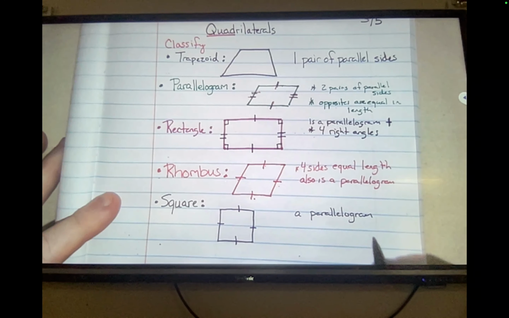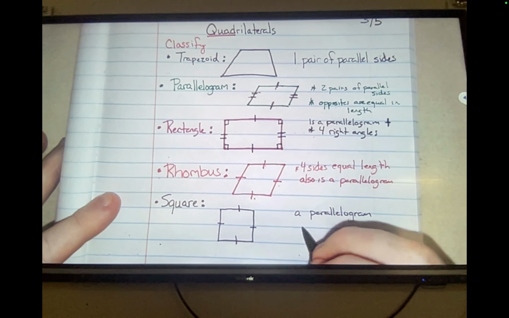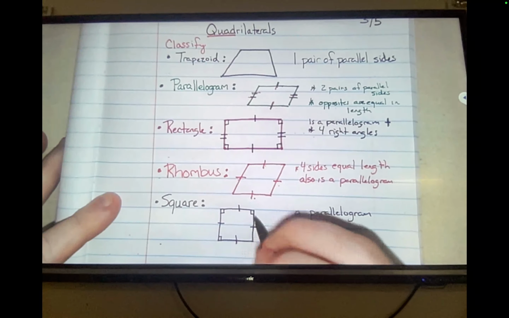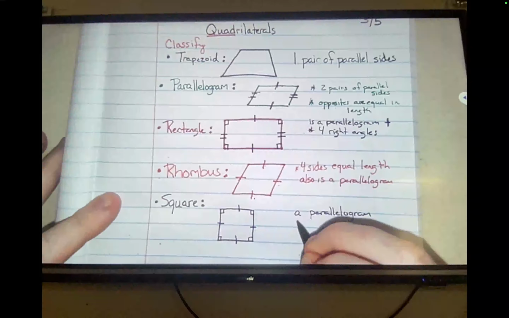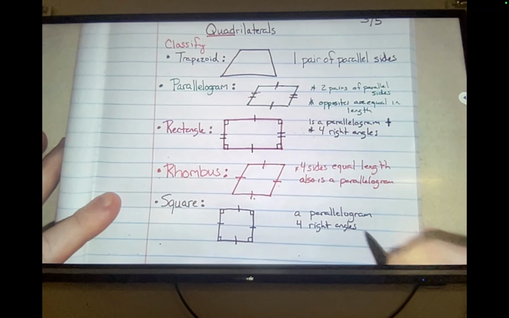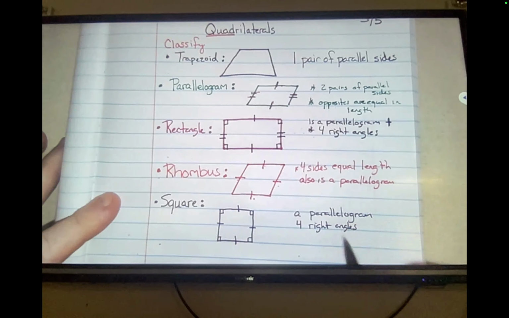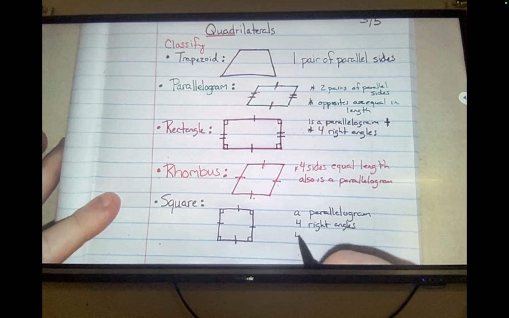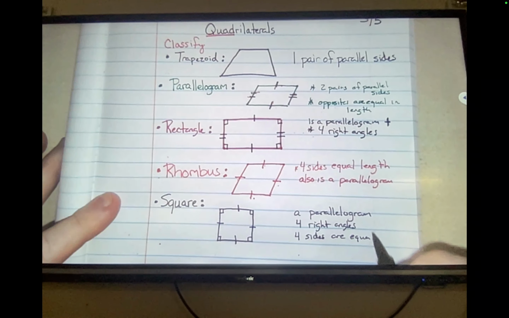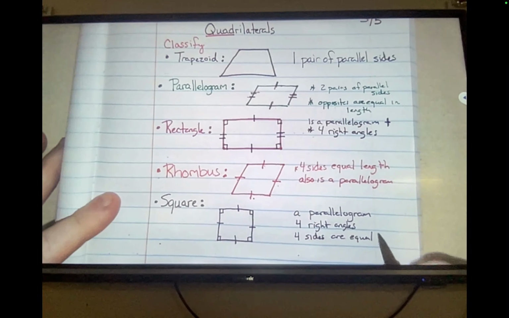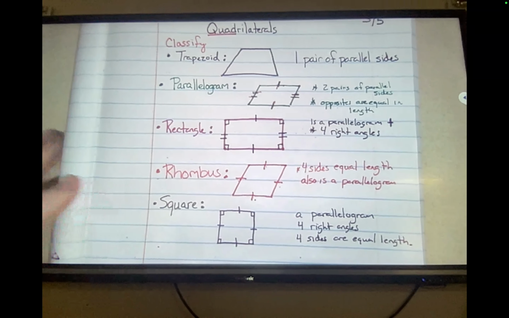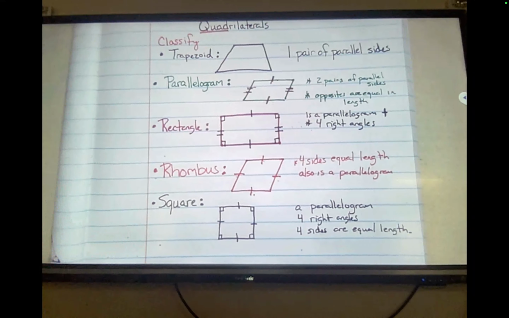We can say that in a square, like the rectangles, there are 4 right angles. And we can say that like the rhombus, the 4 sides are equal to each other. We'll say equal length. So those are the different classifications.